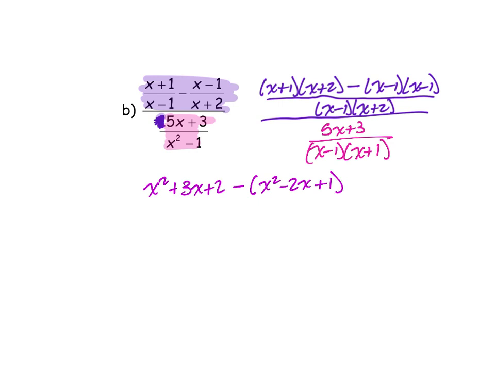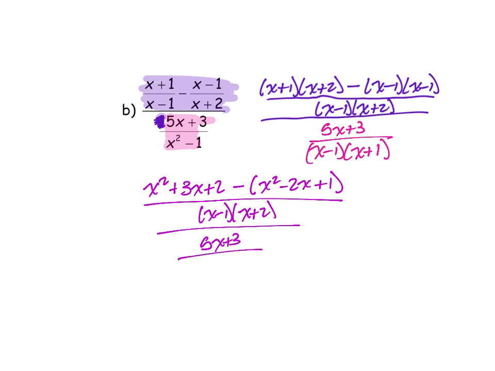I might have actually did mine wrong. I did do mine wrong. Wow, okay. All divided by x minus 1 times x plus 2, all divided by 5x plus 3 all over x minus 1 times x plus 1.